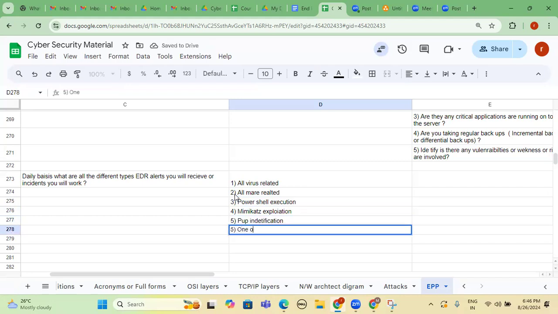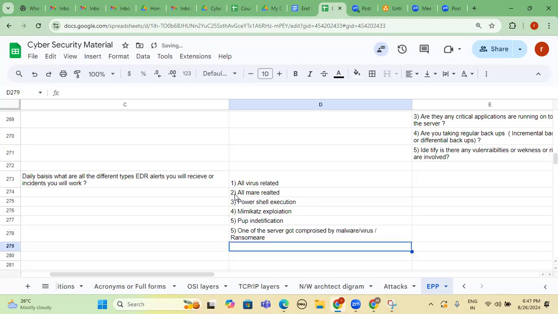One of the servers got compromised by malware or virus or ransomware. Only one you can explain, not all. In a similar way, one of the systems got compromised.